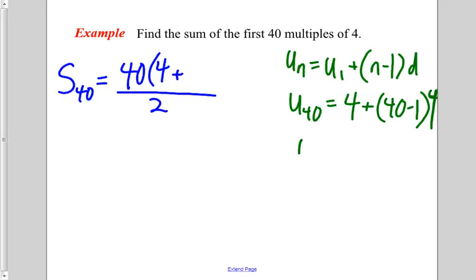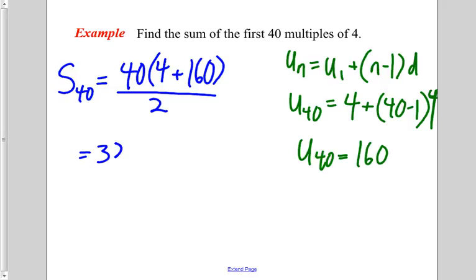We would find then u of 40 equals 160. So we can put u of 40 in as 160 in our arithmetic series formula. Now 40 times 164 divided by 2 equals 3,280. And that is the answer to the sum of the first 40 multiples of 4.